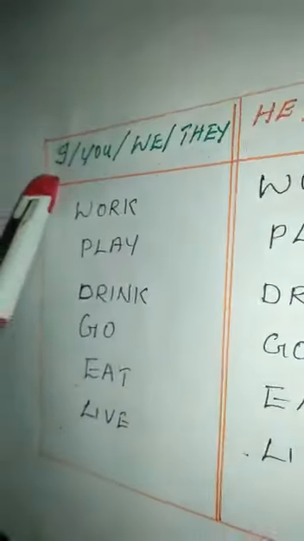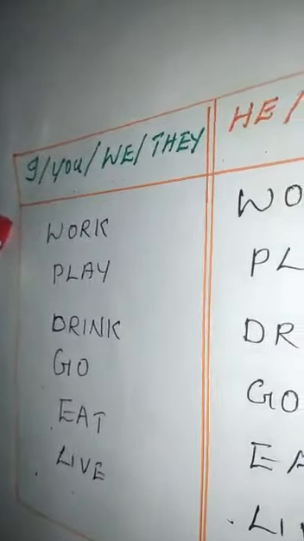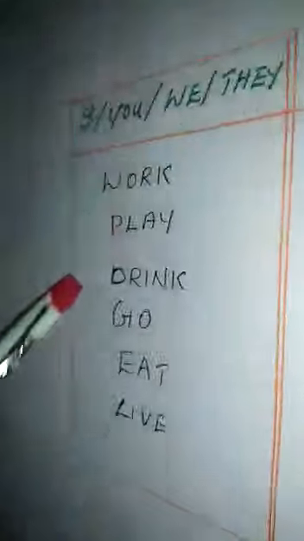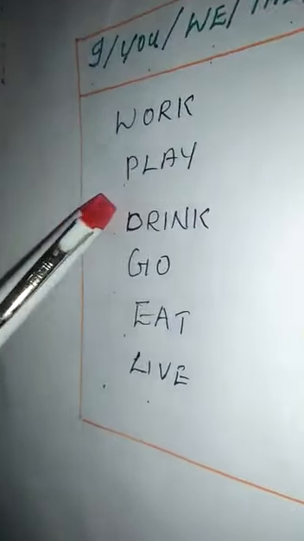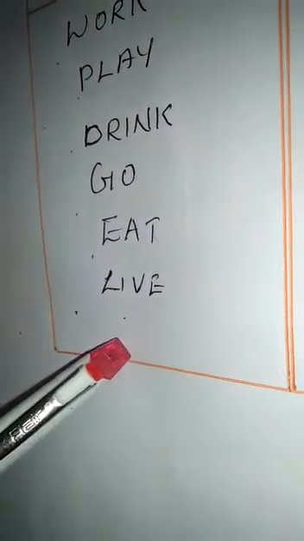Here, I, you, we, they, he, she, it. When we use the plural forms I, you, we, they, we use the base form: work, play, drink, go, eat, leave.